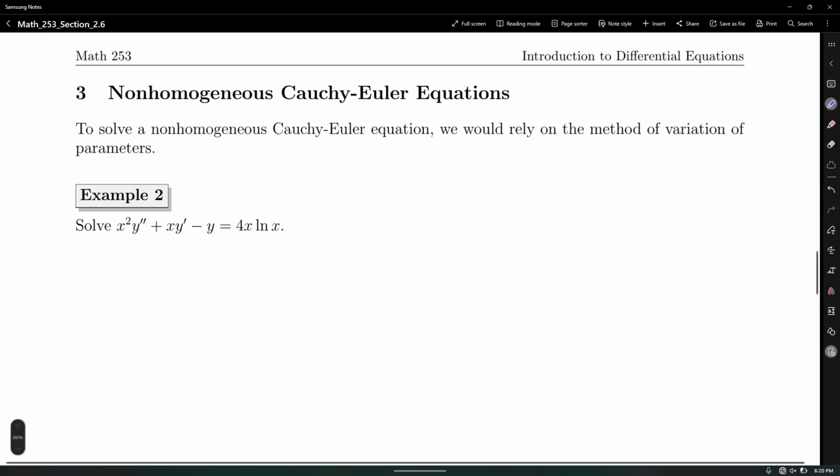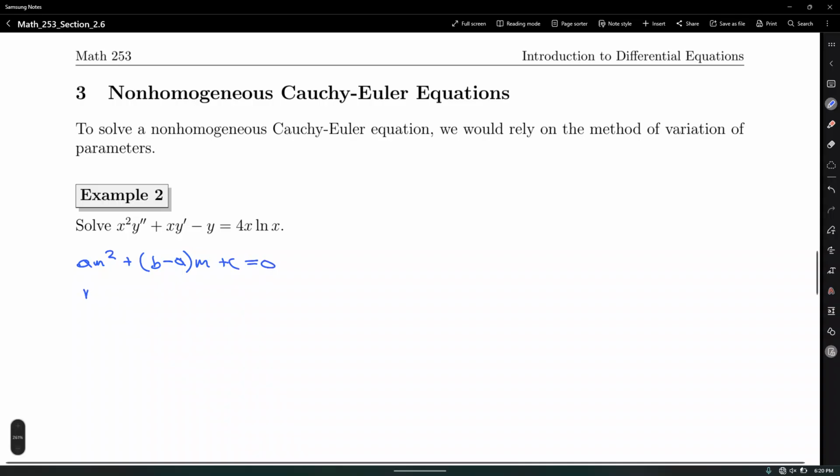So let's solve one example. Let's write the characteristic equation for the homogeneous part of the problem. That is am squared plus (b minus a)m plus c, and let that be equal to 0.